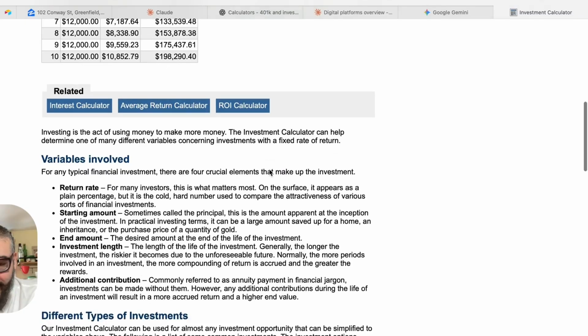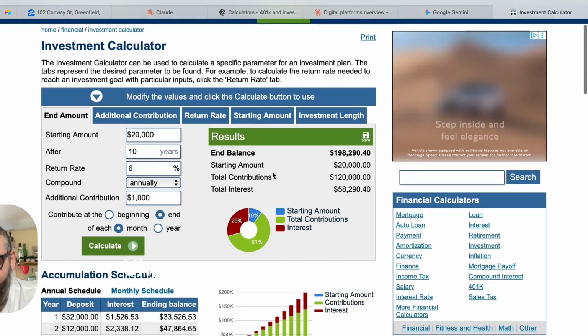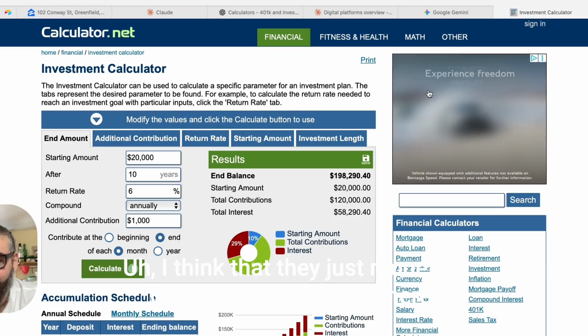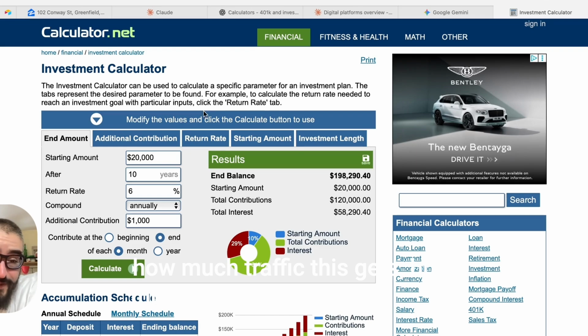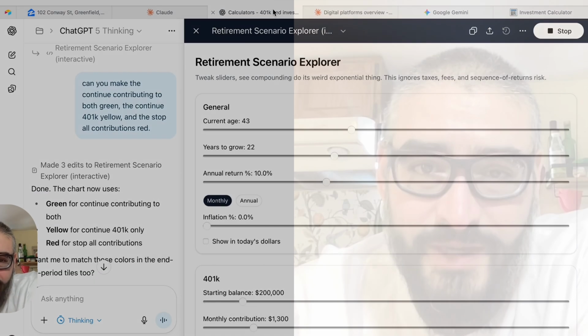It's not bad. It works fairly well. I think that they just monetize off of this ad thing here. I wish I had been on Chrome so I could have seen how much traffic this gets, but I think it gets quite a bit of traffic. This is what I was using, but I wanted to see if we could do a little bit better.